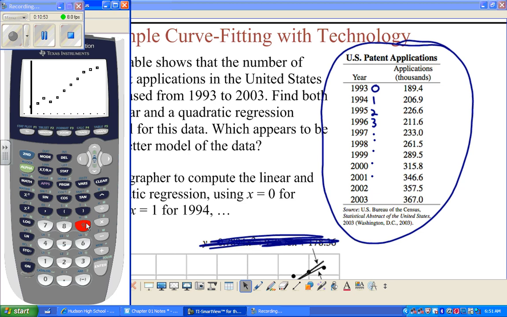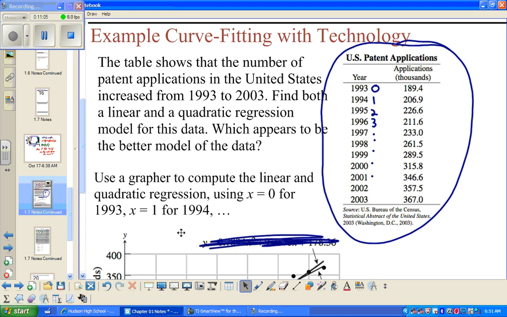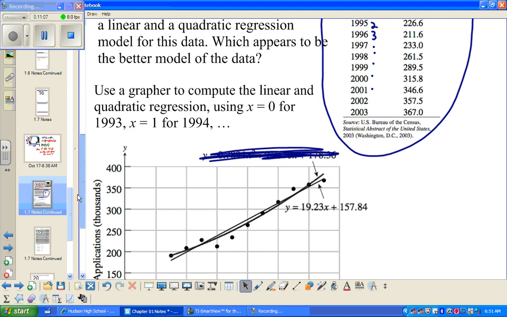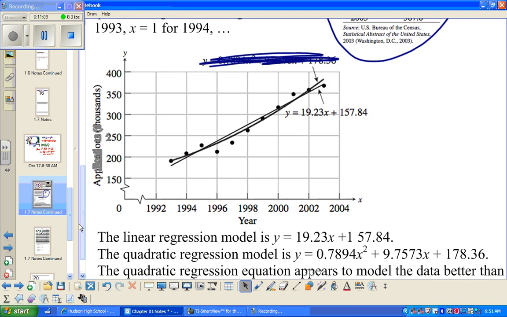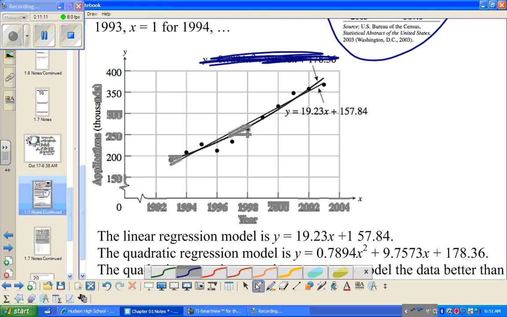So the next thing we're going to do is take a look and see what kind of equation is going to match that data the best. You can ignore these equations. These equations are not what you're looking to use.